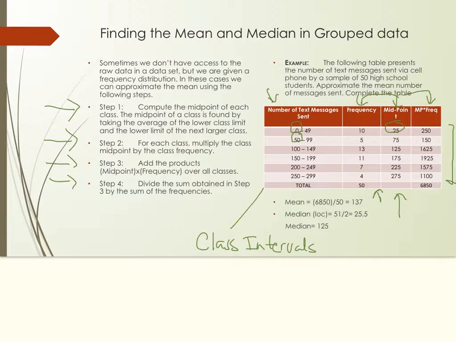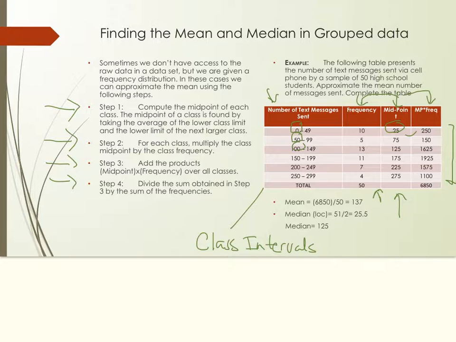The second one is 50 plus 100, which is 150, and we divided by 2 and we got 75, and so on. So all the way down, and then you say, well, how did you get 275? Well, the next number up will be 300. So we took 300, we added it to 250, and we divided by 2, and we got 275.